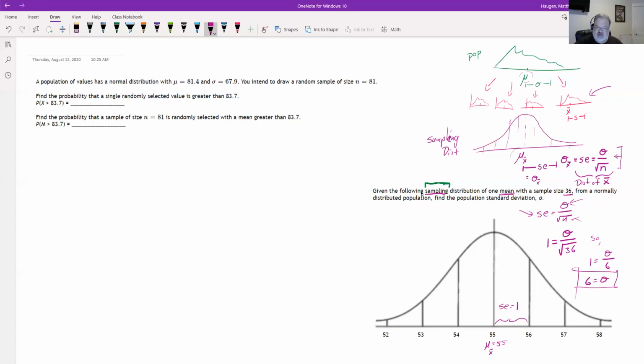The larger the sample size is, the more accurate your samples are, so the tighter the sampling distribution is. Big sample size means tight sampling distribution. Thus, big sample size means small standard error.